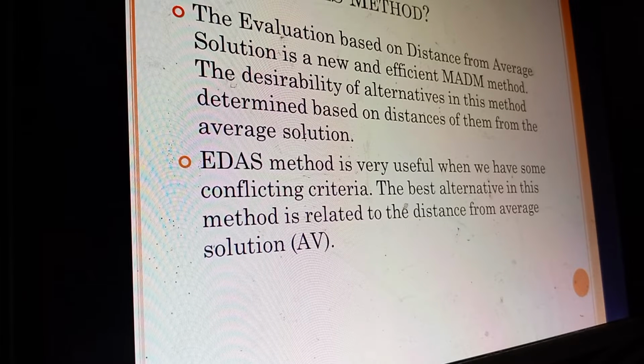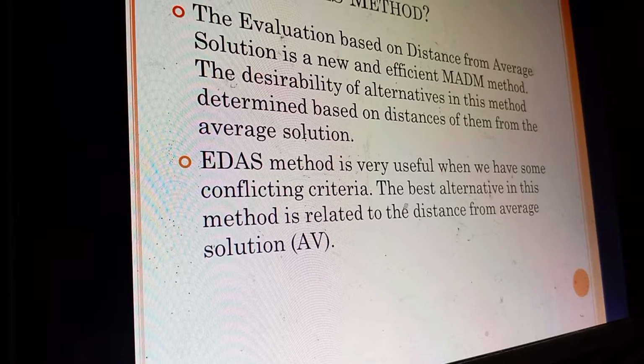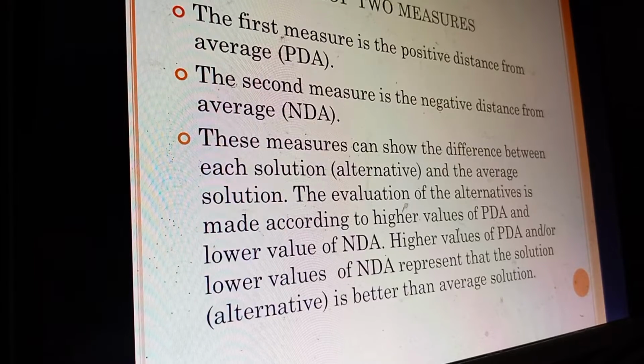In this method, we have two measures dealing with the desirability of the alternatives. The first measure is the positive distance from average, or PDA, and the second is the negative distance from average, NDA.